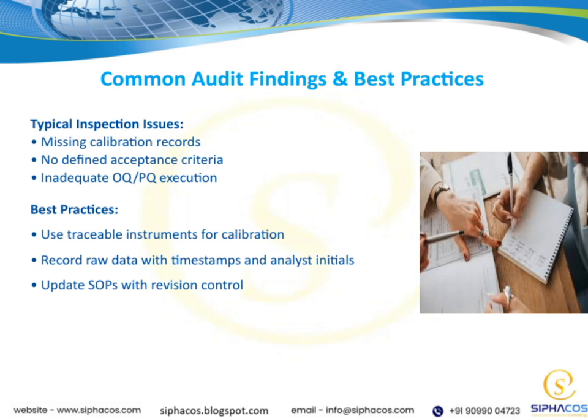Finally, updating your standard operating procedures with proper revision control keeps your documentation current and helps prevent outdated practices from creeping in. Connecting all of this to our overall theme, maintaining thorough records, clear criteria, and robust procedures not only helps pass audits, but also ensures the integrity and reliability of our processes. These best practices support a culture of quality and compliance across our operations.